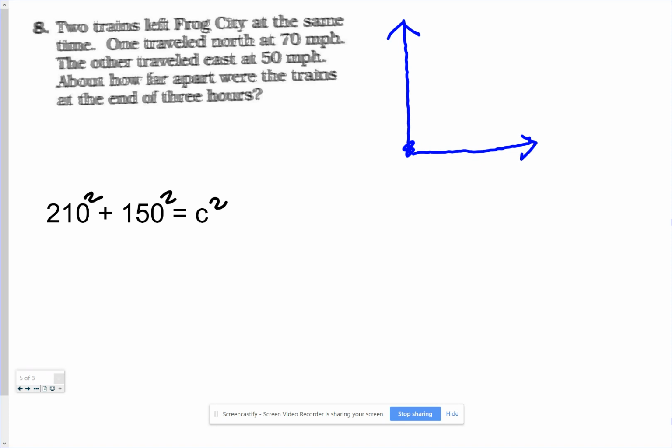And notice it says about how far apart were the trains after 3 hours. So the train going north at 70 miles an hour after 3 hours has traveled 210 miles. The other one traveling east after 3 hours at 50 miles per hour is 150 miles out this way.